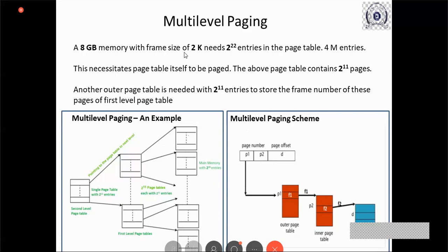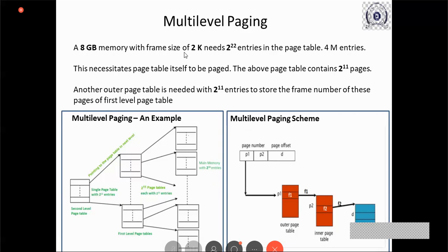One page will not be sufficient, because one page can hold only 2^11 entries. So 2^22 by 2^11 will give again 2^11 pages or frames required to store this page table.